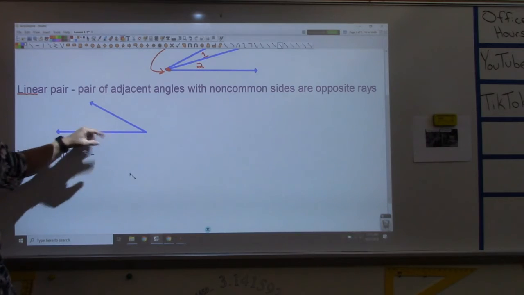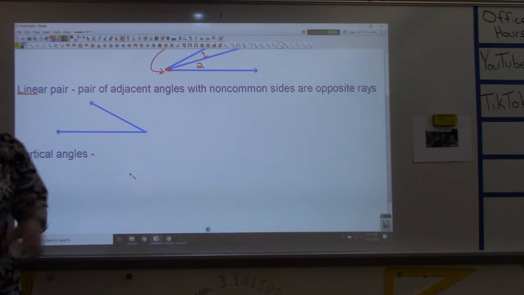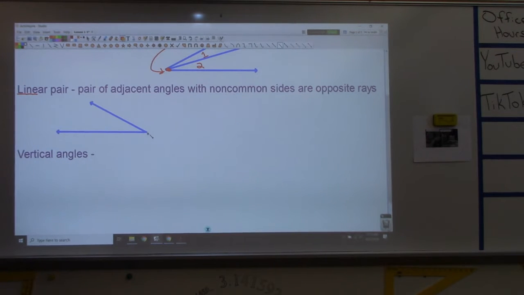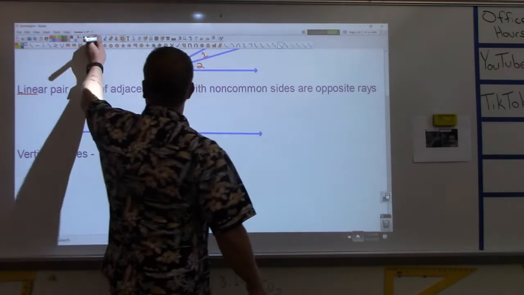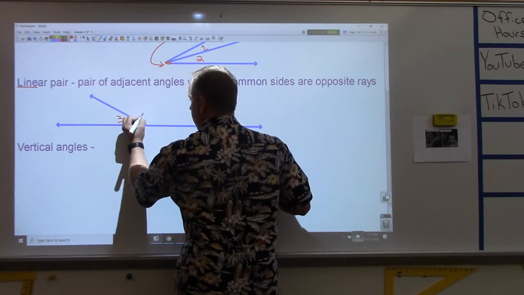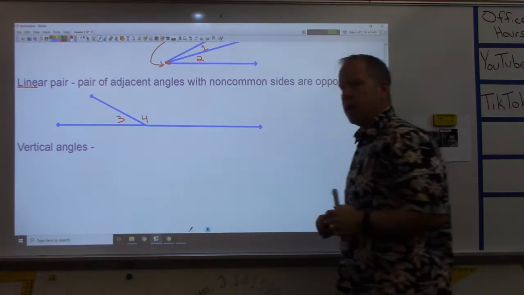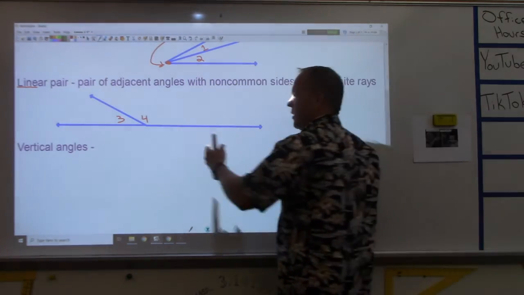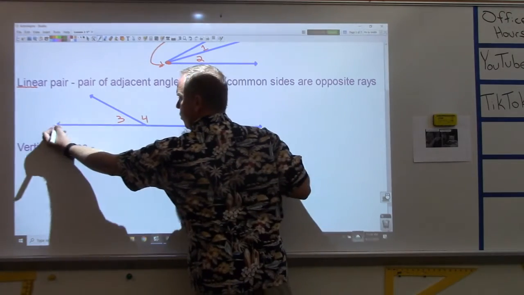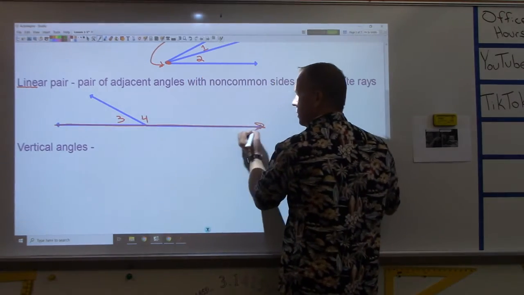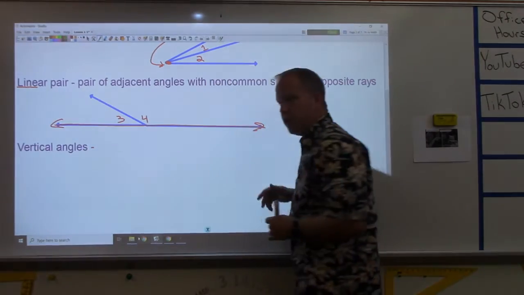So the non-shared side has to go in the opposite direction of this side, like this. Oh, look at that. If I label these, angle 3 and angle 4, angle 3 and angle 4 are a linear pair because their non-common sides form a straight line. Linear pair, line.